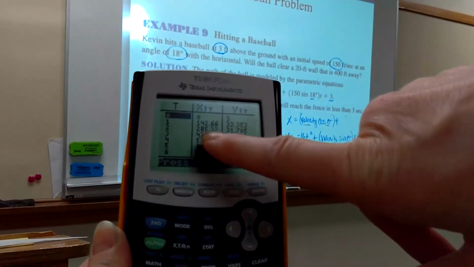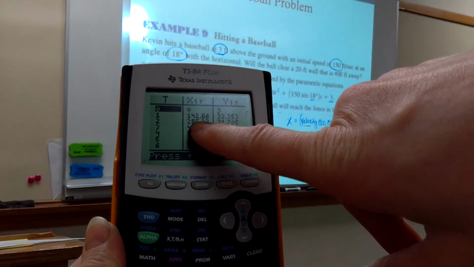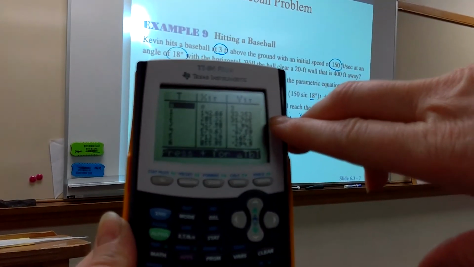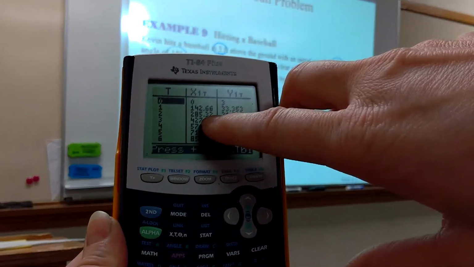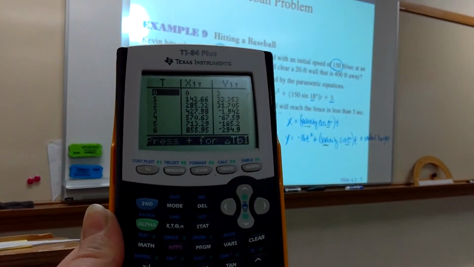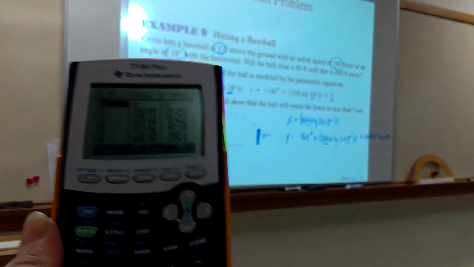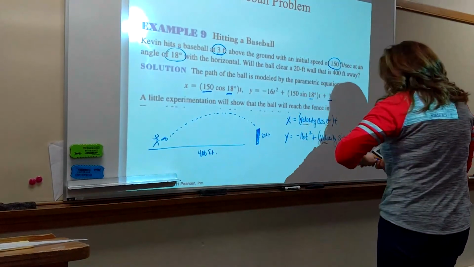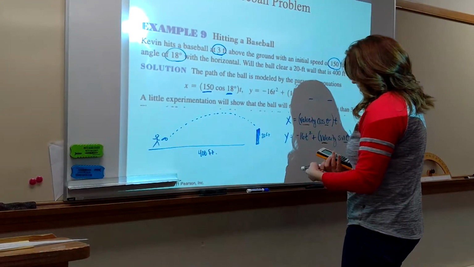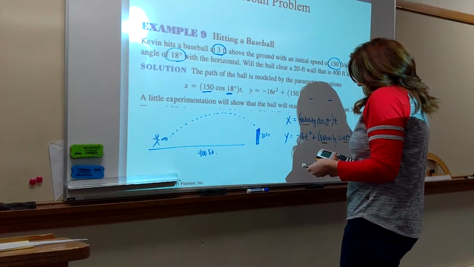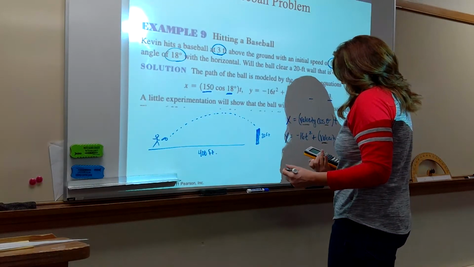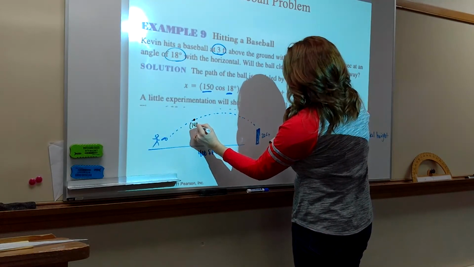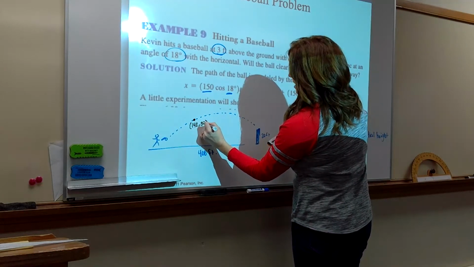But 1 second later, it's 142 feet out, and it is 33 feet high. At 2 seconds, it's 285 feet out, and it's 31 feet high. So it's giving you the path of the ball at each second. The first piece of information we get is at 142 feet, but it's 33 feet high.